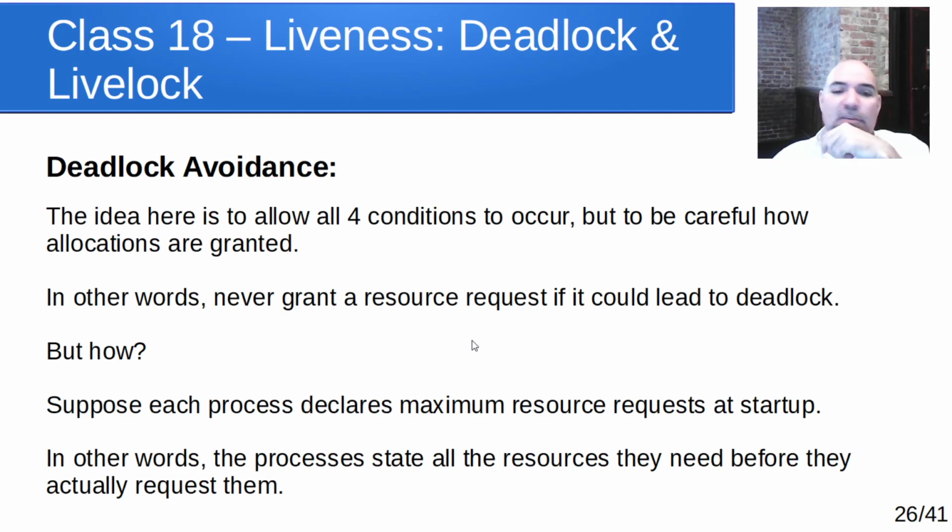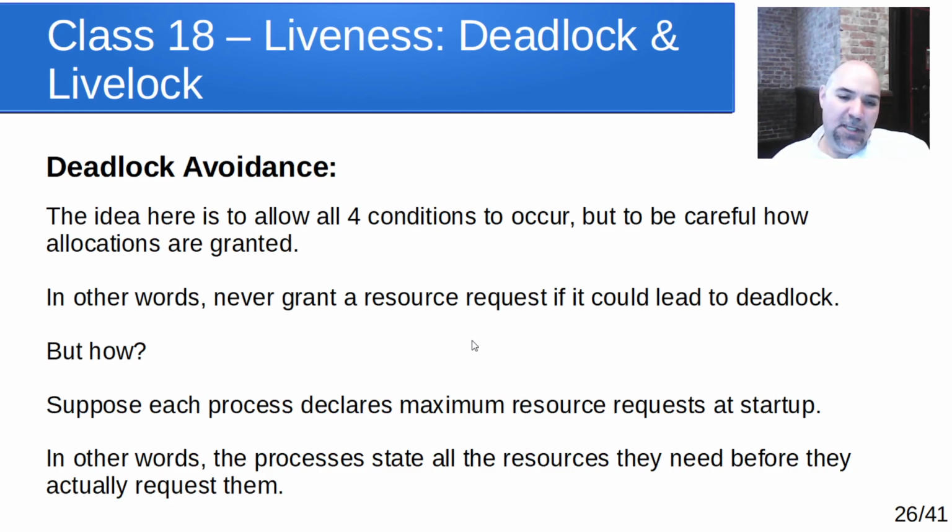So in other words, we never grant a resource request if it could lead to deadlock in the future. It's kind of like an intelligent way of allocating resources. But the question is, how do you do that? How do you know if giving this resource to this process is going to lead to something dangerous or not?